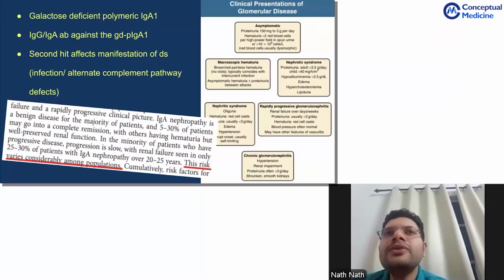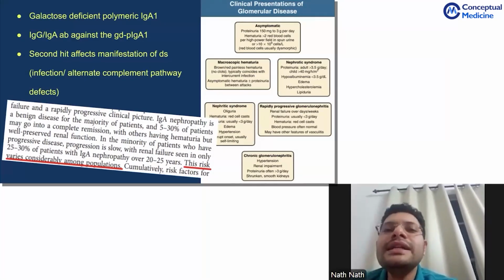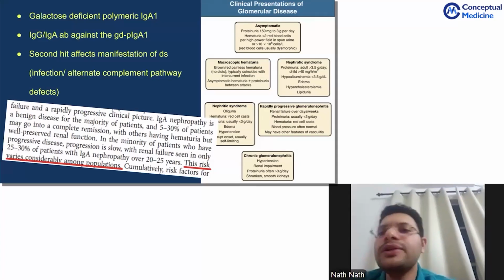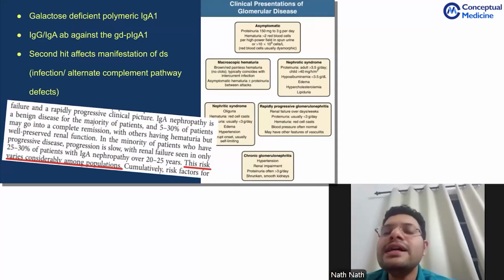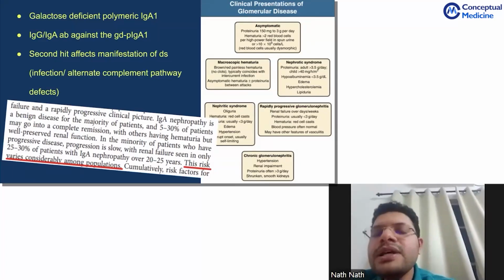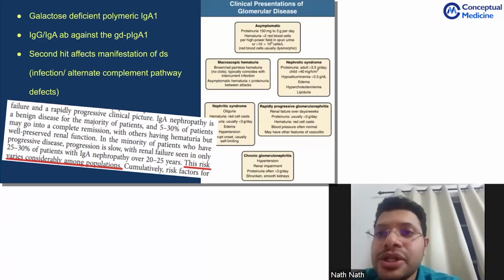So when you talk about the pathogenesis of IgA nephropathy, what actually happens is there is a defect in the galactosylation of the IgA1 molecule. Okay, so IgA has two subclasses, IgA1 and IgA2. Specifically in the IgA1 immunoglobulin, in the hinge, there is a deficiency of galactose.